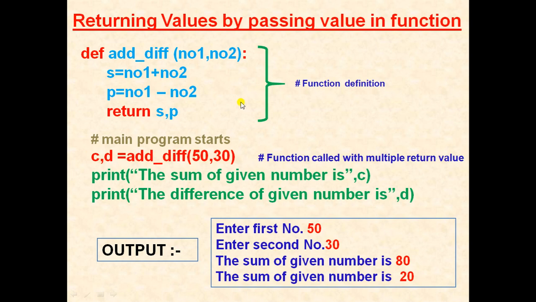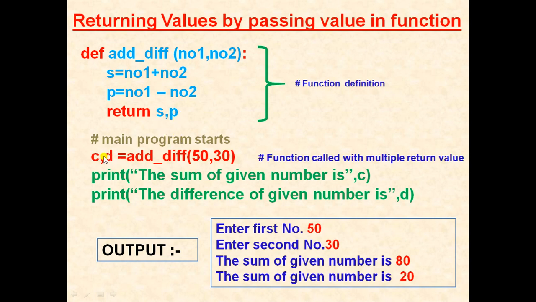Now we can also put values in a calling function directly by giving the values like this. Suppose we have defined add diff, and whatever operation you want to perform, you can define it in the definition section of a function, and we can return more than one value from a function.